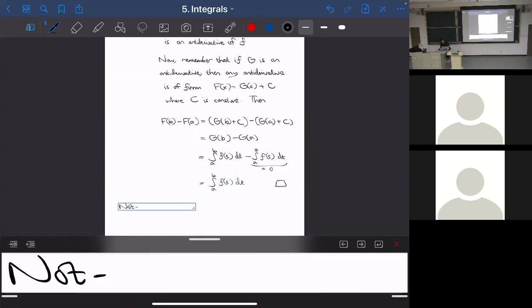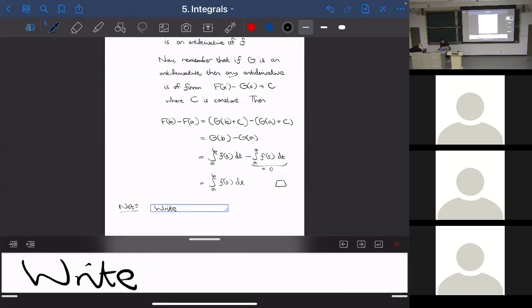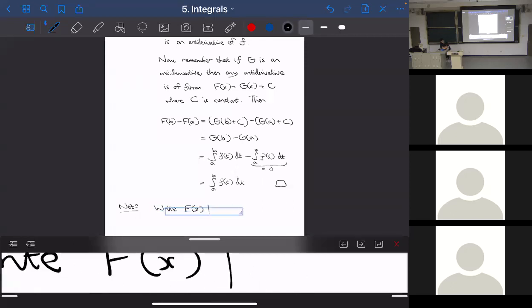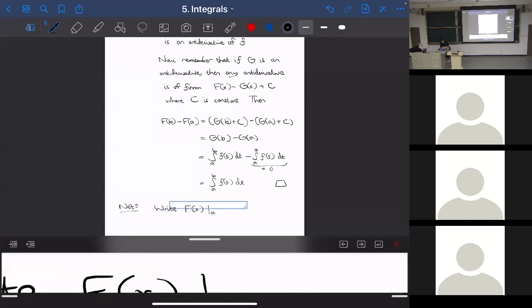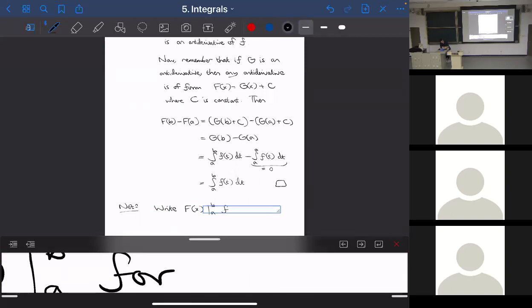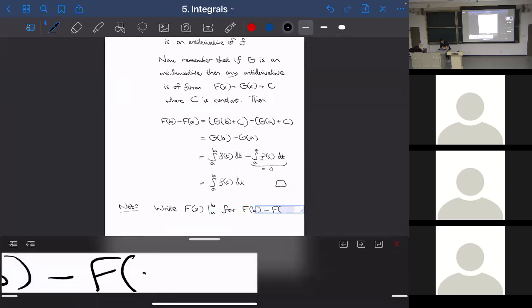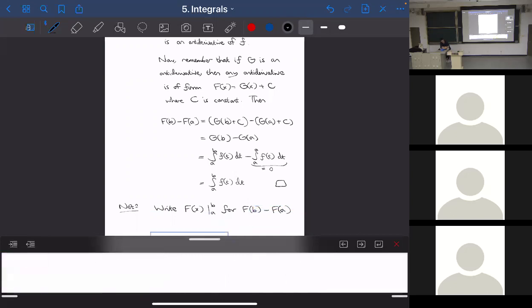So notation, we write the antiderivative with just a bar for this difference. So you'll see that makes the calculations nicer to write.